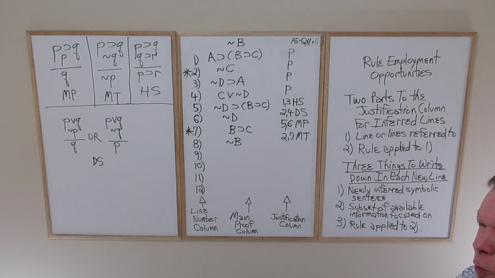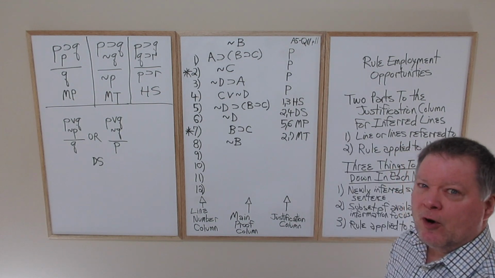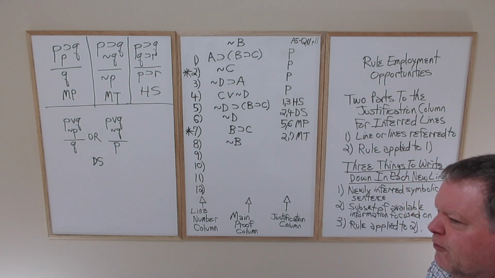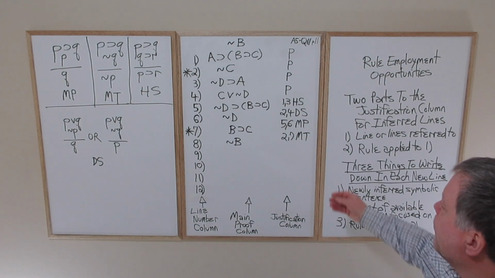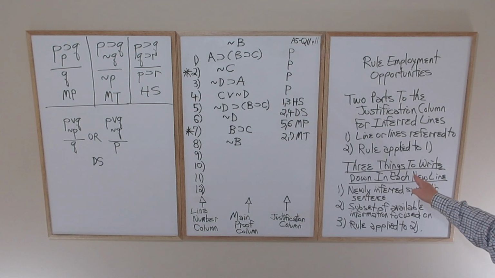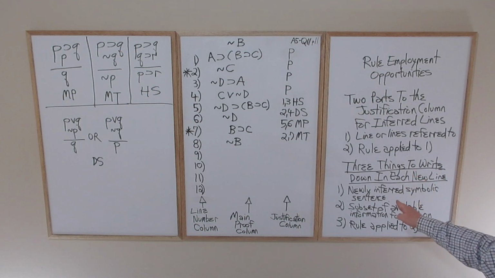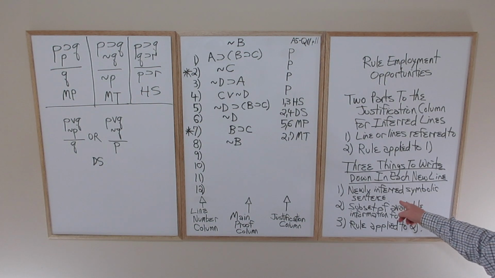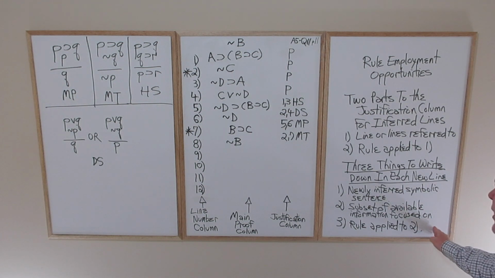And as we progress, we'll become increasingly skilled at estimating or getting a sense of how many individual steps are necessary in a given proof. But at this very early stage, all we're doing is getting used to this 3-component procedure where for each new line we look to write down the newly inferred symbolic sentence, which comes from applying one of the basic rules to some subset of our available information.